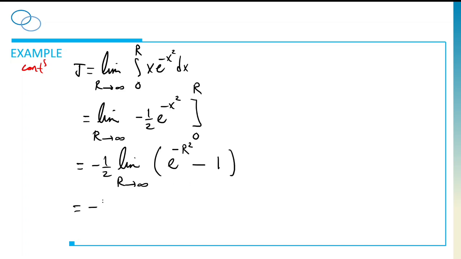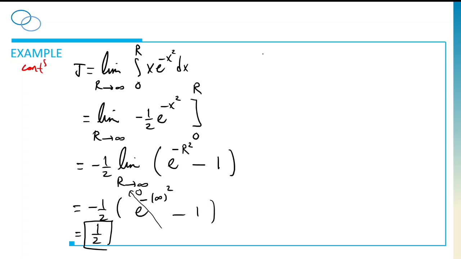This equals negative half times e to the power of negative infinity squared minus 1. So this is e to the power of negative infinity, basically, which equals 0. And there's negative half times negative 1, so this equals half.